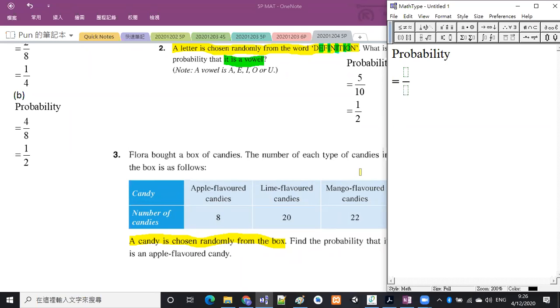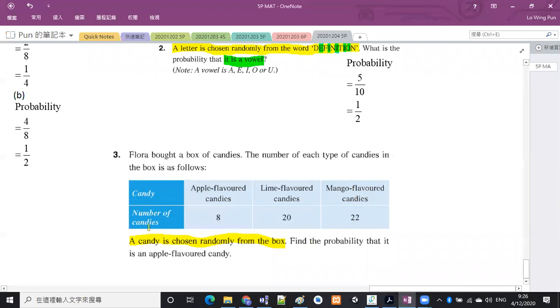candies. So in total, there will be 8 plus 20 plus 22. That should be 50 candies, right? And then the question asks you to find the probability that it is an apple flavored candy.